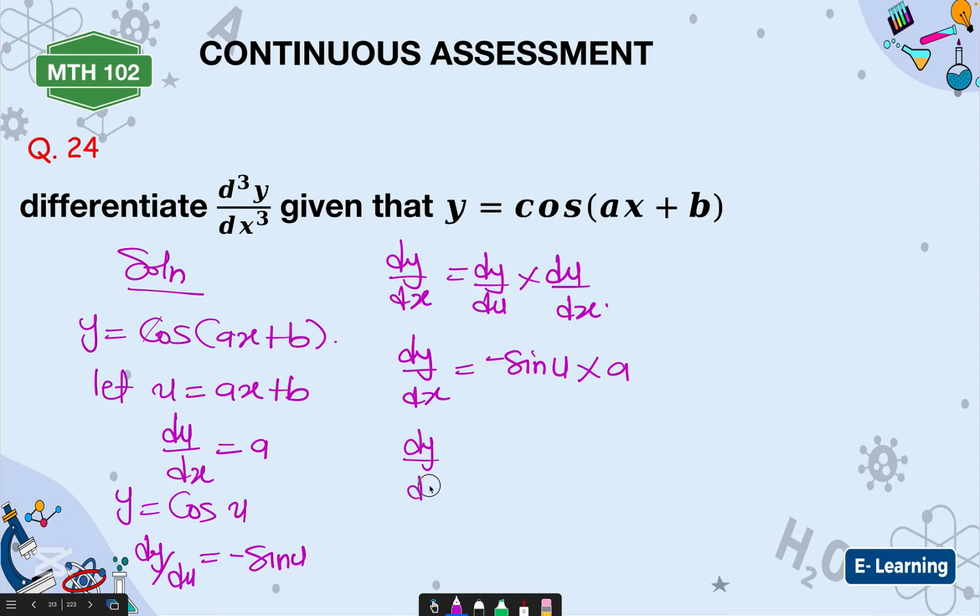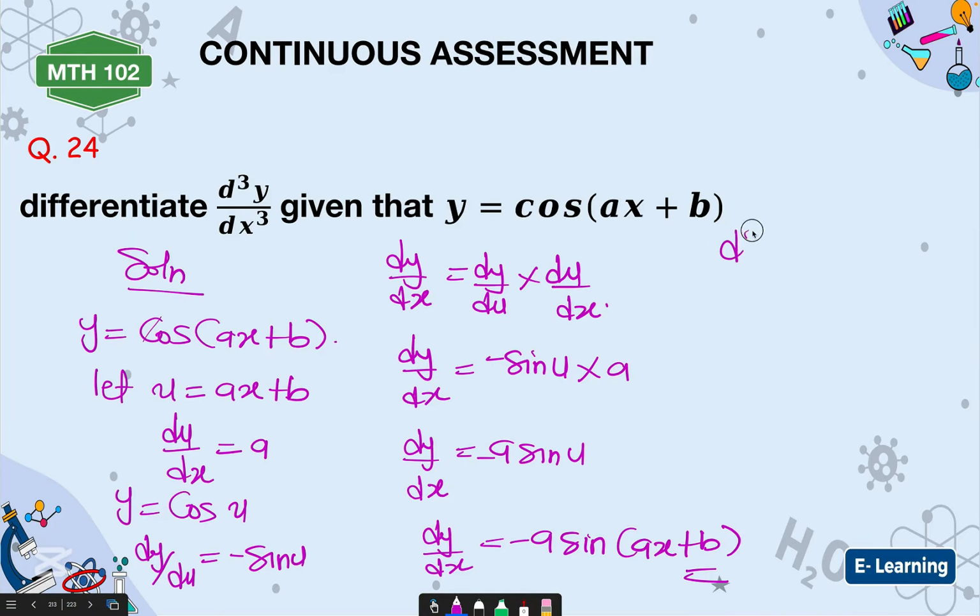So our dy/dx is minus a sine u. But u is what? ax + b. All right? That is our u. So you must put it there as ax + b.